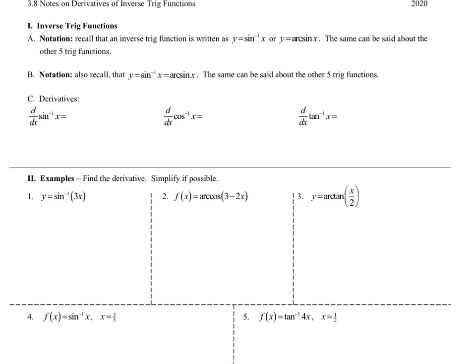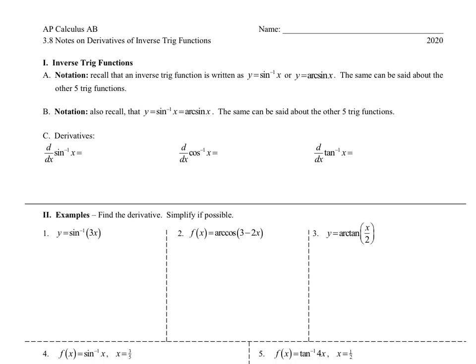Okay, so let me give you the derivative of these inverse trig functions. And again, these are just things that you're going to have to memorize. And so if I'm going to take the derivative of inverse sine, that would be the same as saying, let's take the derivative of arc sine of x, okay? These two things mean the same thing. That derivative is going to be 1 divided by the square root of 1 minus x squared.